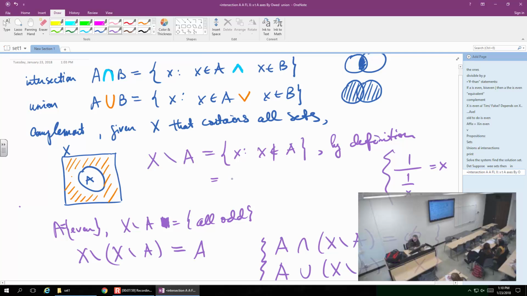So can you make it slightly different? X does not belong to A. What is the logical way to put it? X belongs to the complement of it?